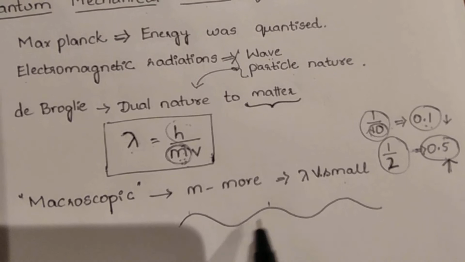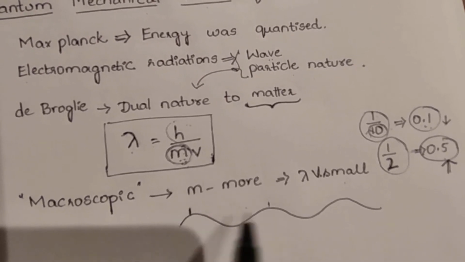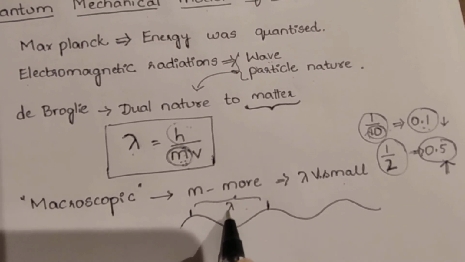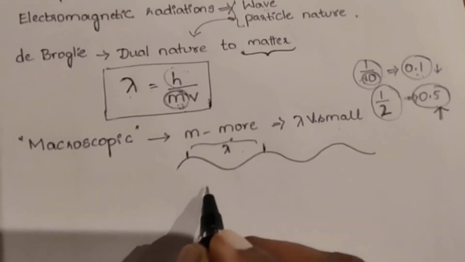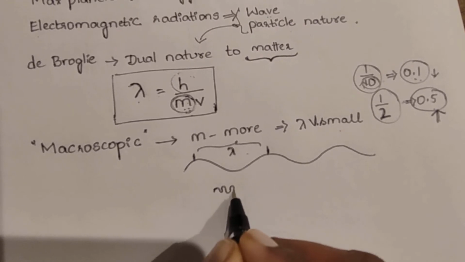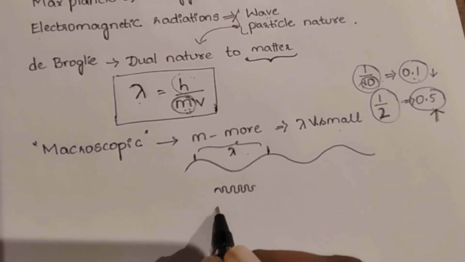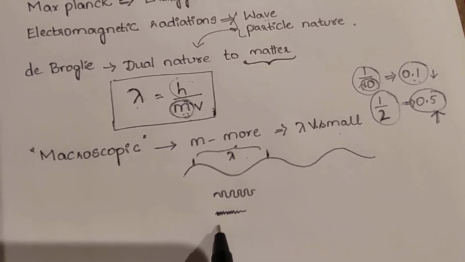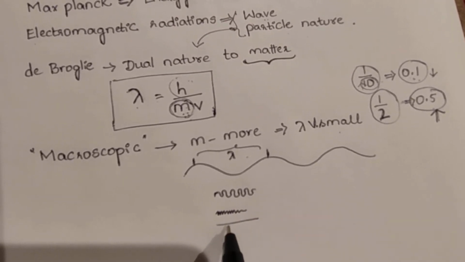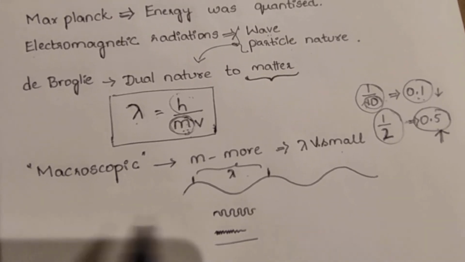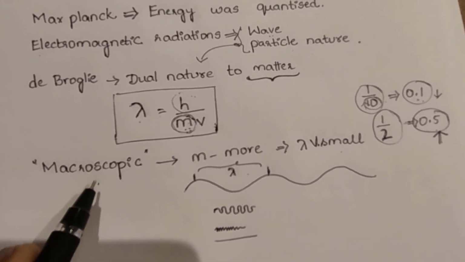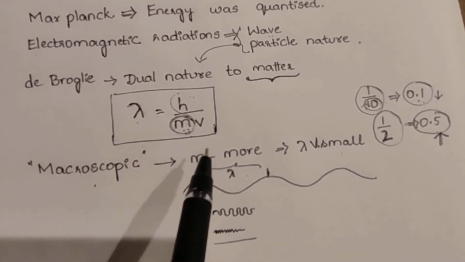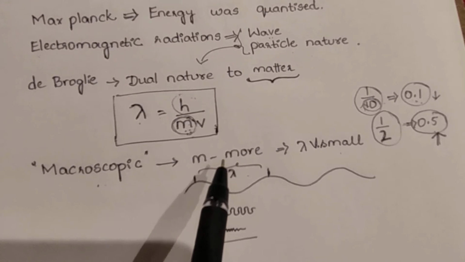Distance between two successive crests or troughs is considered as wavelength. If this wavelength value decreases, then the waves become very small. When it becomes further less, we cannot observe the wave. So for macroscopic objects, the wavelength will be very small, and we cannot observe that wave nature.